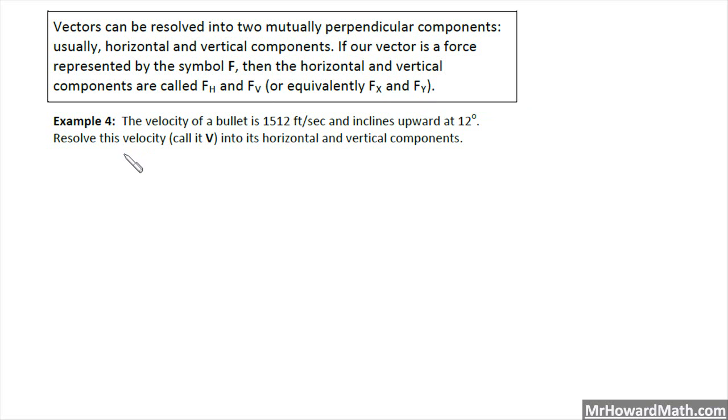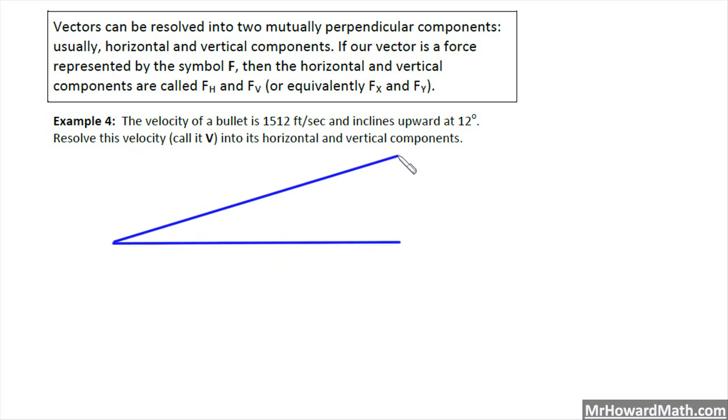The velocity of a bullet is 1,512 feet per second and inclines upward at 12 degrees. Resolve this velocity, call it V, into its horizontal and vertical components. So if we have our horizontal line here, and our vector is up like this, this would be our 1,512 feet per second velocity there, and then this would be our 12-degree angle.